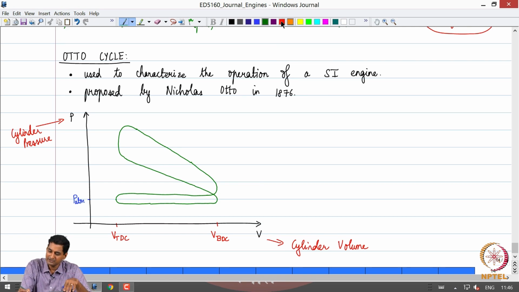So, if I were to mark the critical points here, somewhere here let us say I open my intake valve, right.